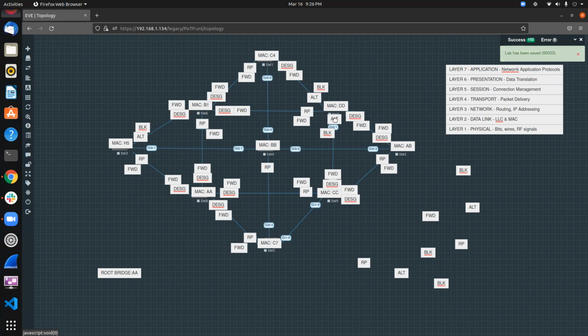And then as far as the state, the designated state being forwarding on those two sides, I need to have an alternate path for blocking, so I chose that one. And also because its ID was higher than the other two.